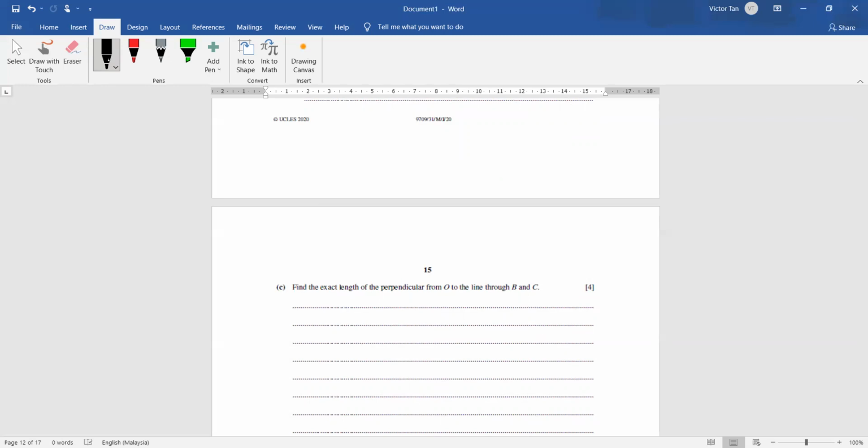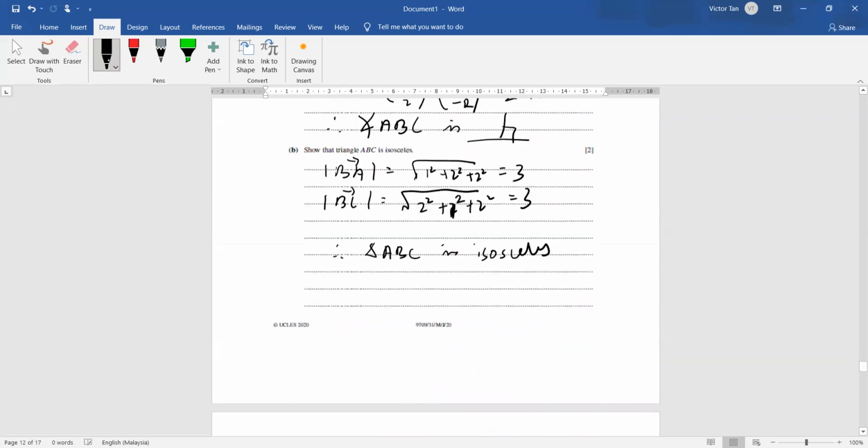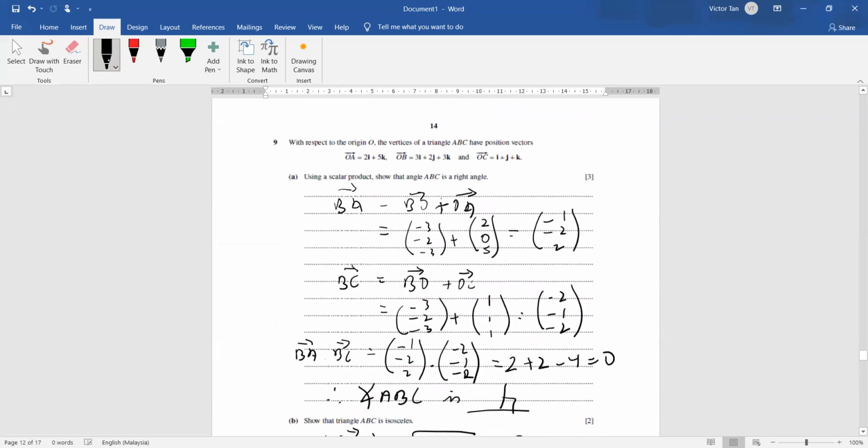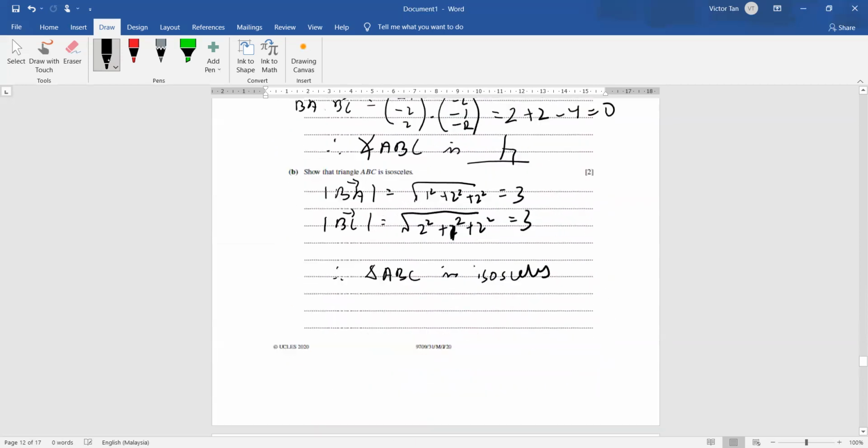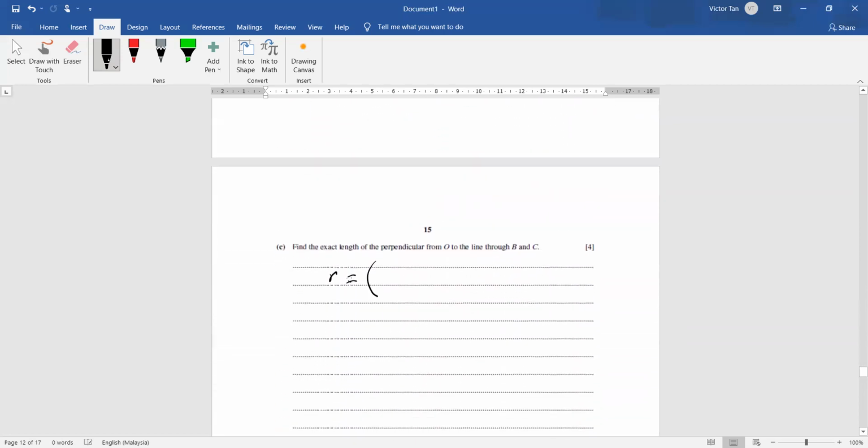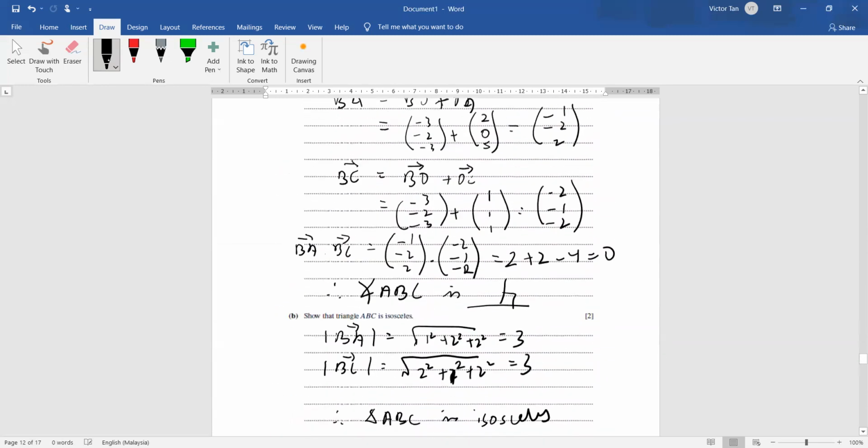So the vector equation of the line BC is (1, 1, 1) plus s times the directional vector, which is BC.